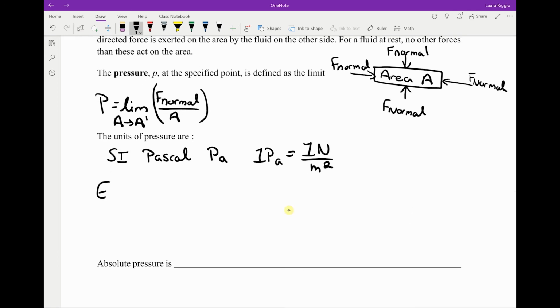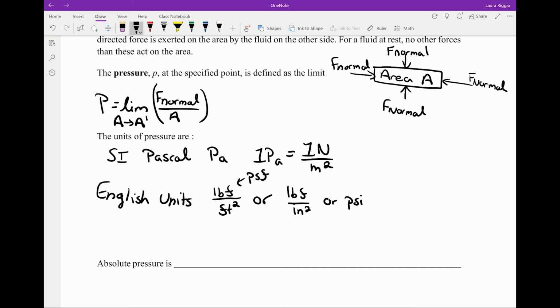In English units, it's the pound force per foot squared, which is the actual unit, but what's more commonly used is the pound force per inch squared, which is referred to as PSI. And this one is PSF.